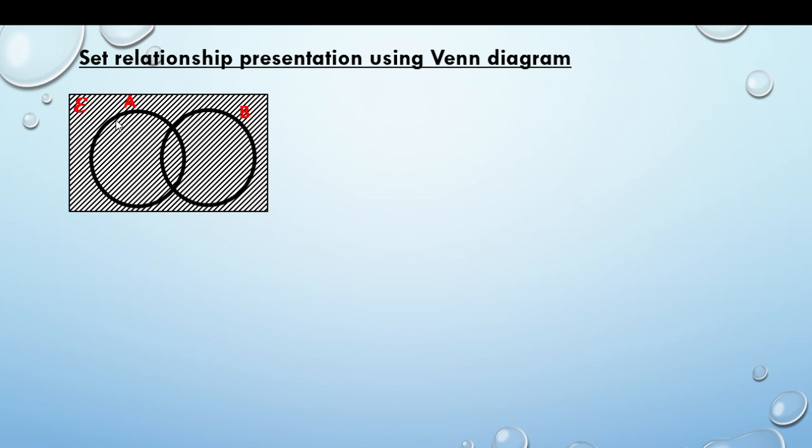This means that the shading is listing the elements that are in this particular Venn diagram. The elements are simply the elements found in the universal set. So this is interpreted as the universal set.